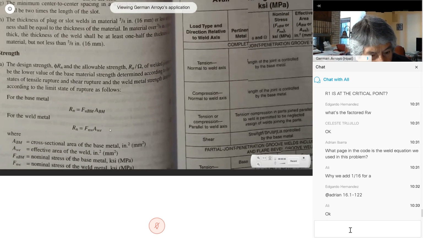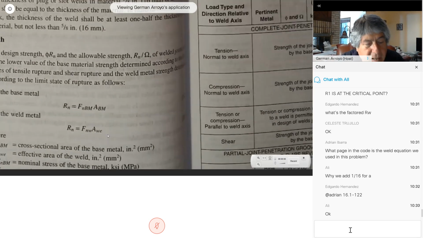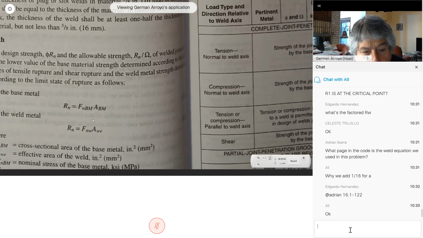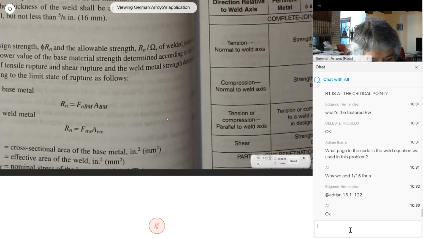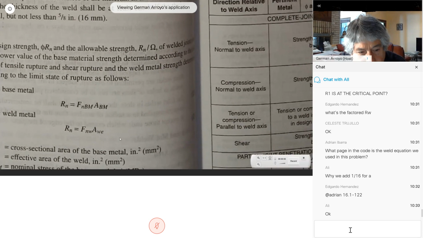Instead of using the area of the weld, the area of the weld is 0.707 A times L. We had to have it in kip per inch.